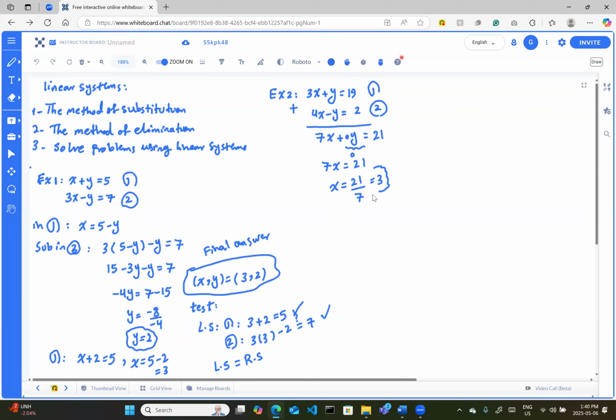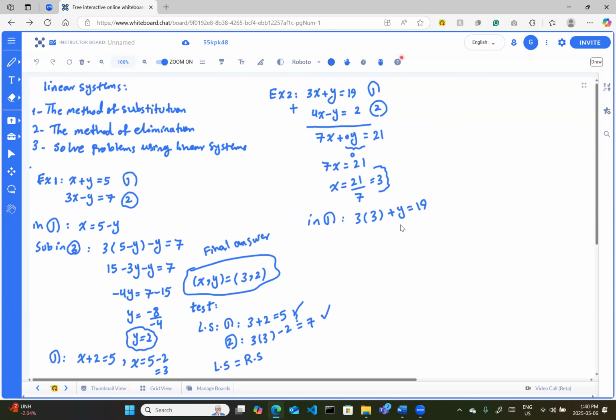Now you can substitute x equals 3 in one of the equations to find the other variable. So I'm going to choose the first equation. So we sub in the x value, which is 3, in the first equation: 3 times 3 plus y equals 19.